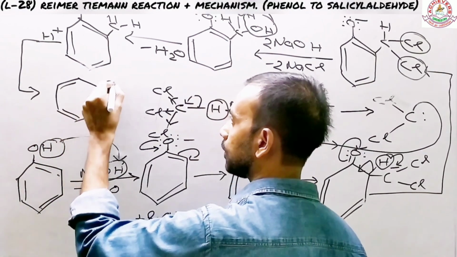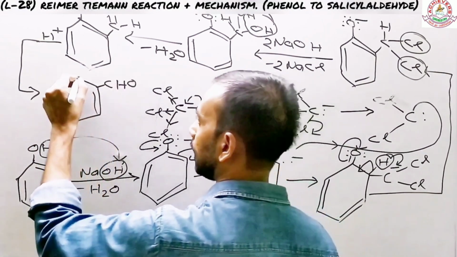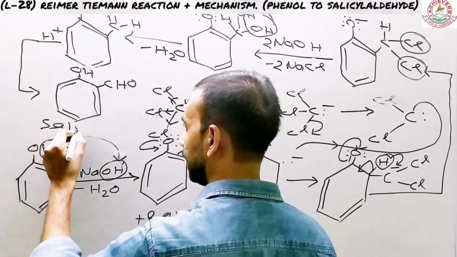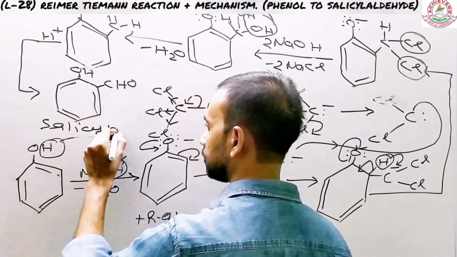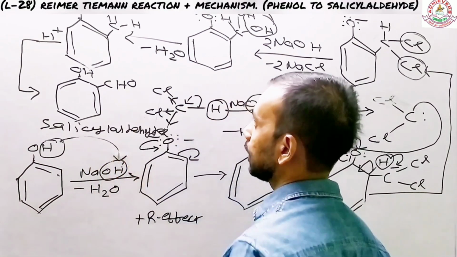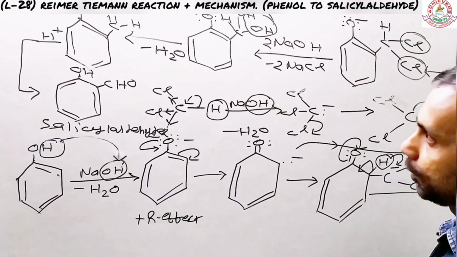So you have your aldehyde group here, and you have your OH right here, which is your salicylaldehyde. Right? I hope I didn't mess up, because lack of space was a situation here, but I tried my best.